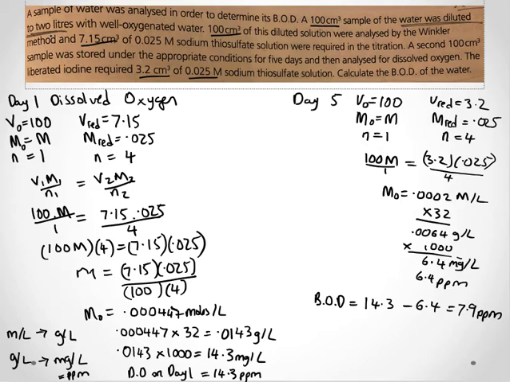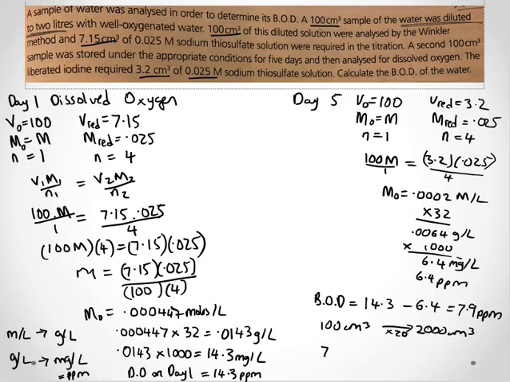So if we have 100 centimeters cubed diluted to 2 litres, that is a 1 in 20 dilution. So 100 cm cubed diluted by a factor of 20 to give me my 2 litres, my 2,000 centimeters cubed.